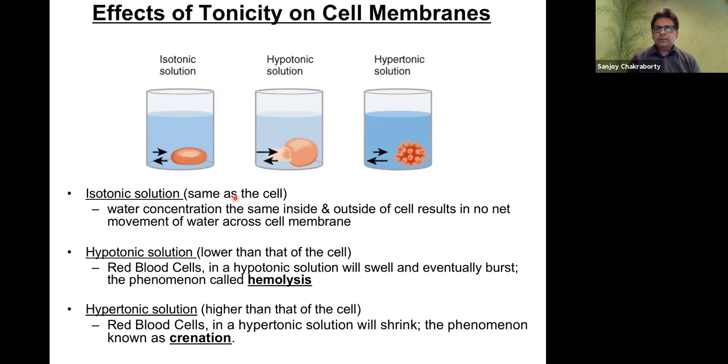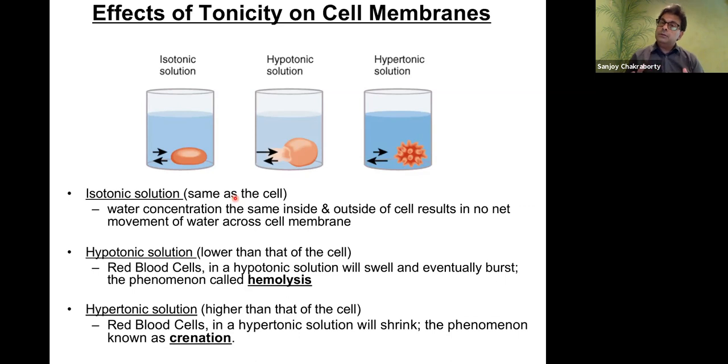I want you to write this down and look into the book later as well. In some books it is rounded to 0.9%. So inside the red blood cell, the ionic environment is equivalent to a 0.9% sodium chloride solution.